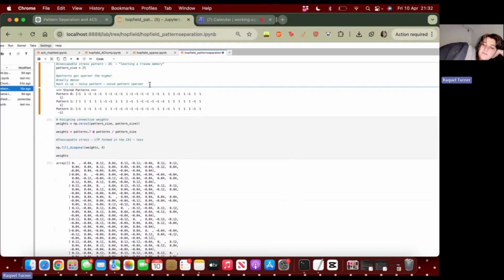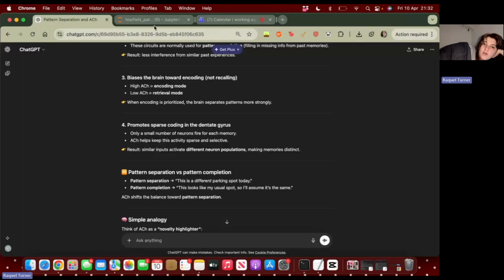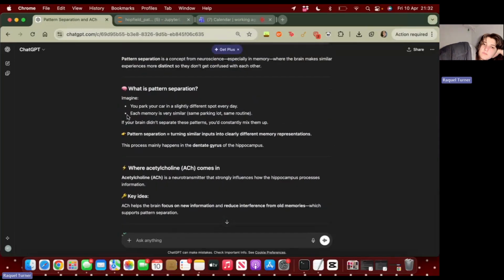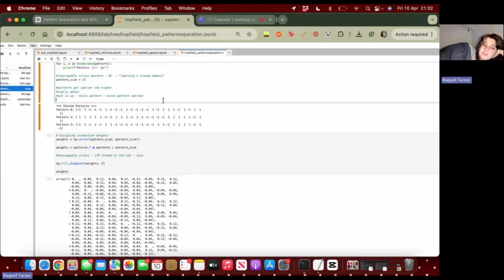The thing is that if the pattern separation is low, I think you're mixing it up with memories that you already have. Everything is exactly the same. So what's crazy is that if the acetylcholine is low, what it should do in theory is make the noisy pattern dense and similar to the stored pattern.